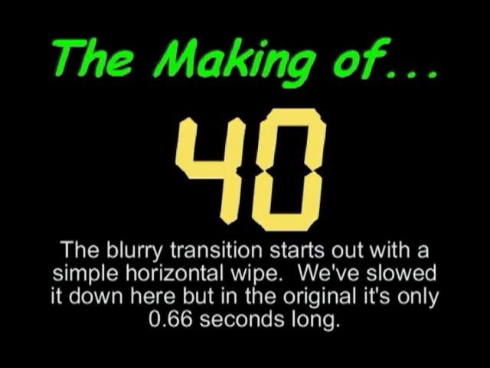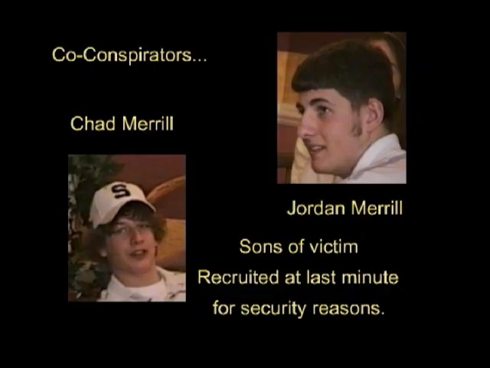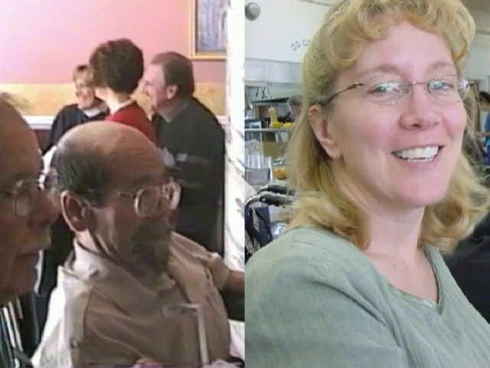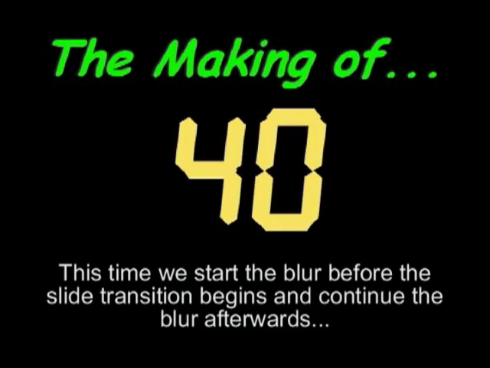The blurry transition starts out with a simple horizontal wipe. We've slowed it down here, but in the original it's only 0.66 seconds long. Simply adding a blur seemed too abrupt, as can be seen here. This time we start the blur before the slide transition begins, and continue the blur afterwards.